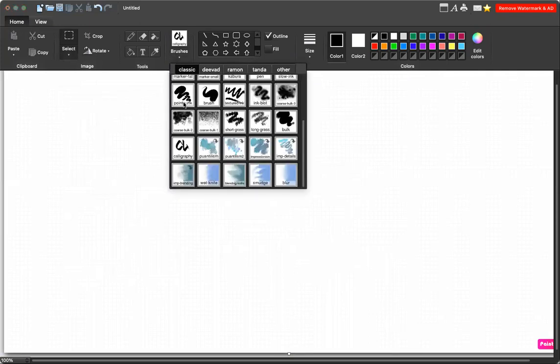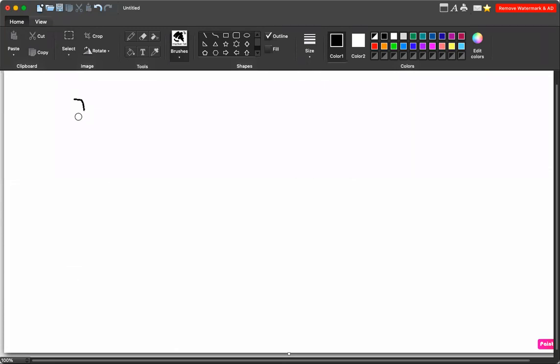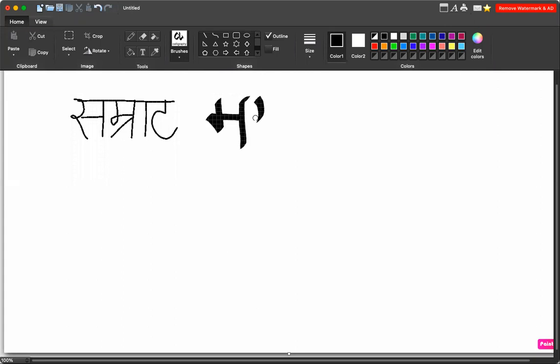We write Samrat with T or Th. So I'll write with T. Samrat.